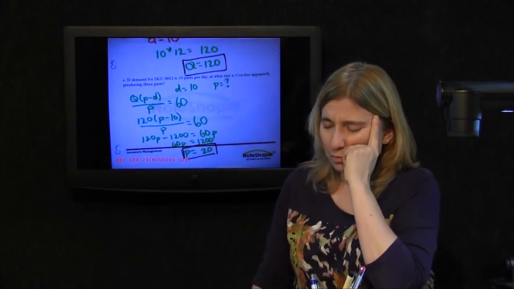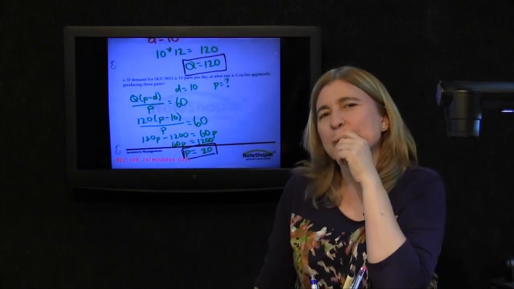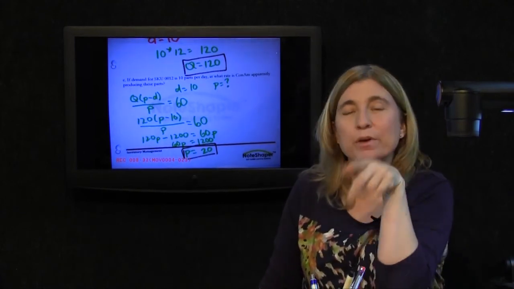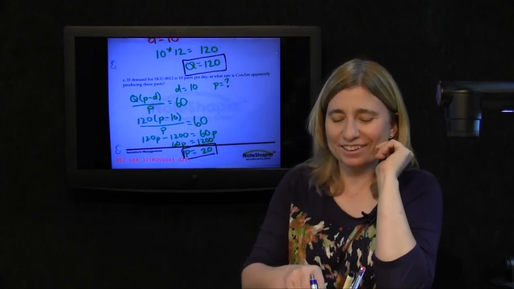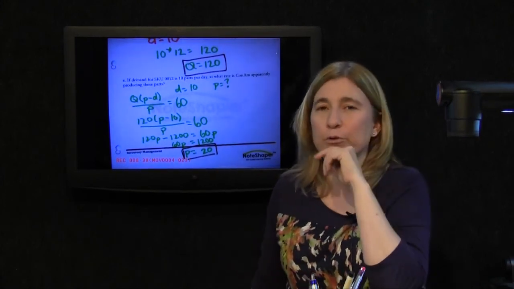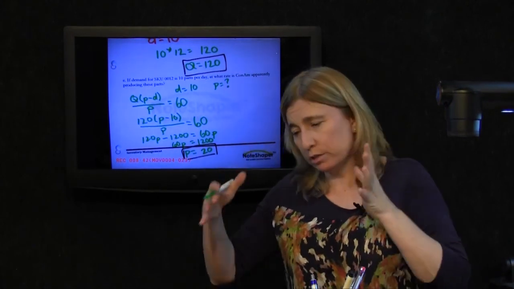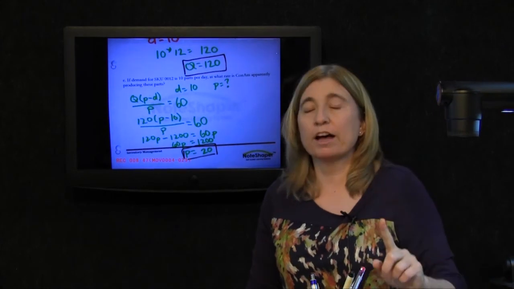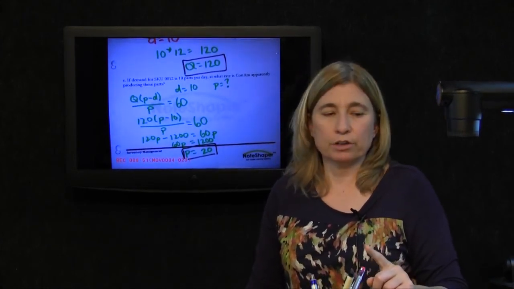Although I didn't really need to. There was a faster way to do it. That wasn't wrong, but there was a faster way based on the other things that we learned from the other questions. We learned from the question before it that the order size is 120, that they're making these 120 at a time. And we learned from the question before that the run time is 6 days.